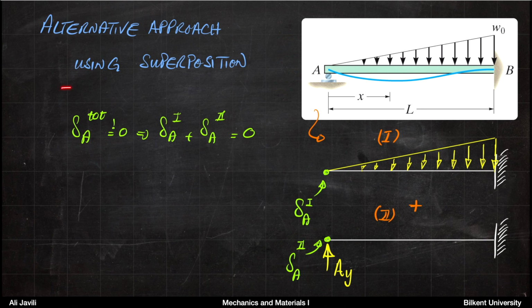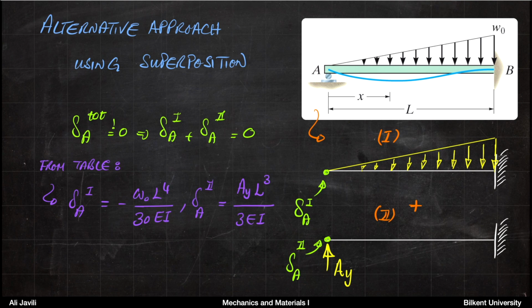So you can write the total deflection at A is 0, but then total deflection is the deflection due to system 1 and due to system 2. And now, because these two systems are simple and standard, from the table or from Appendix C, you can calculate the deflections for each of the systems.